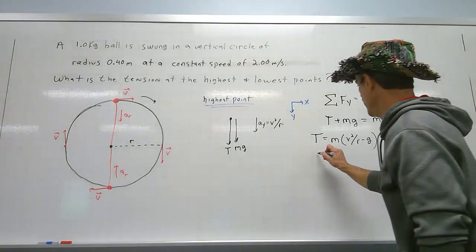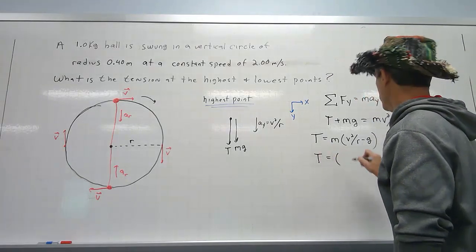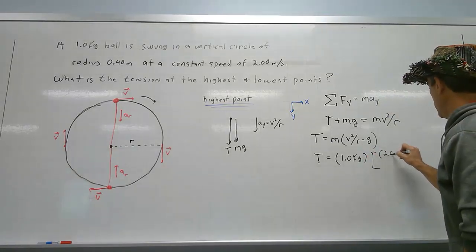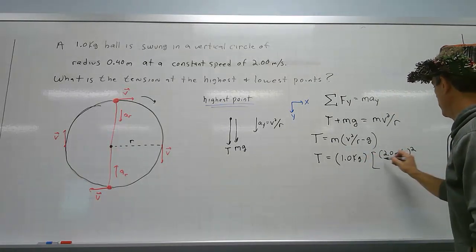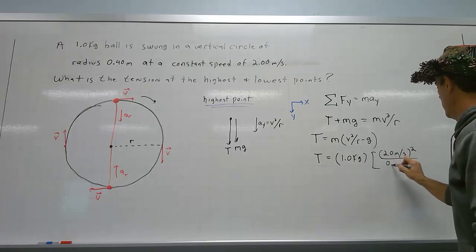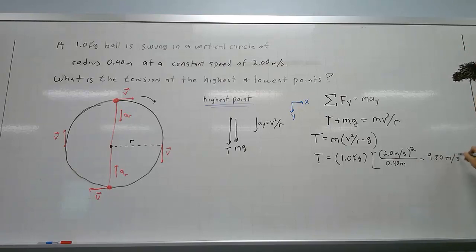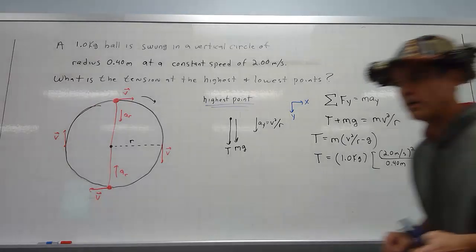So putting in our numbers, we get tension equals, what do we use? 1 kilogram times 2 meters per second squared divided by 0.4 meters minus 9.8 meters per second squared. Something doesn't look right there.